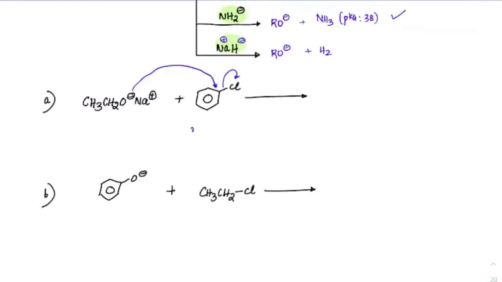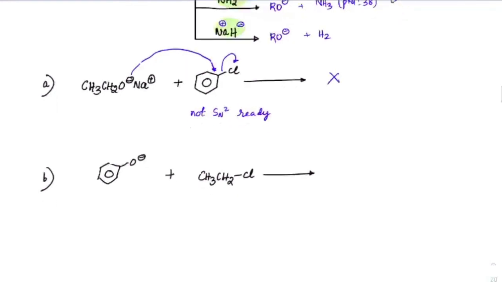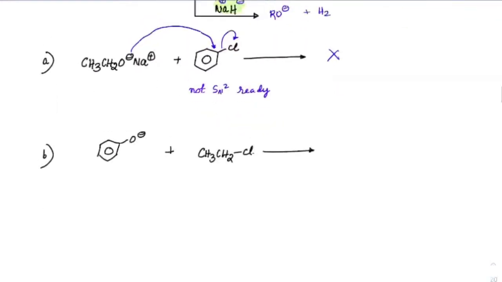Right, it is not SN2 ready because it is a vinylic group. So does the reaction take place? No. So there won't be any reaction at the vinylic position. So in the first set, there is no reaction happening. Make a note of that.